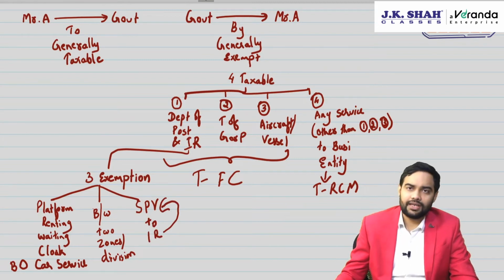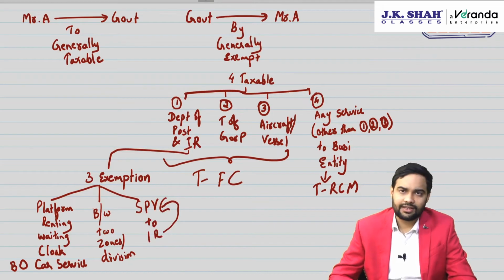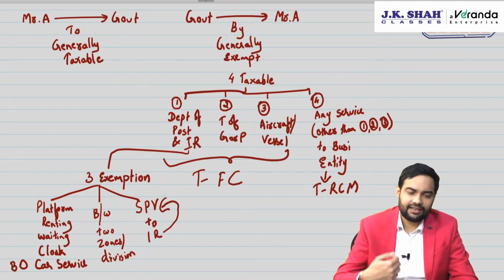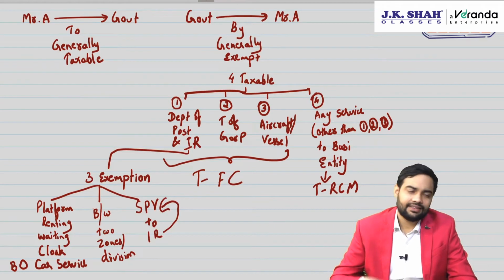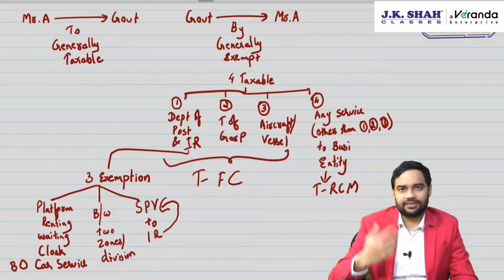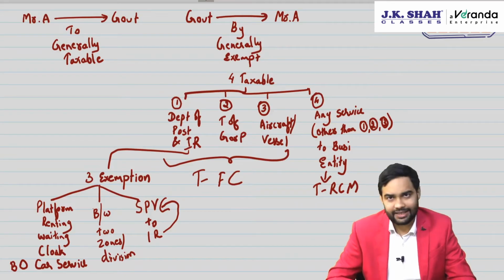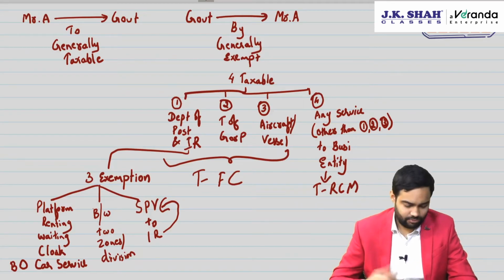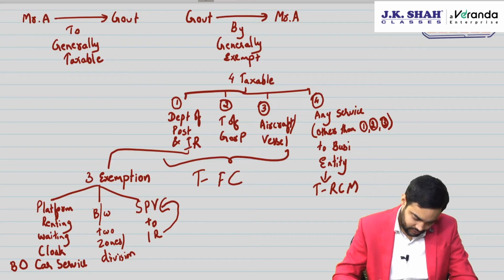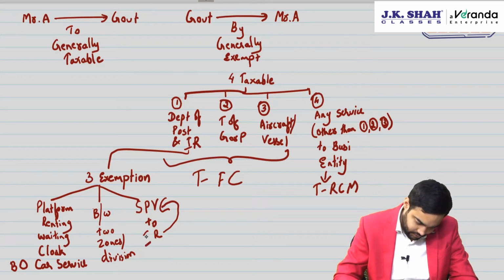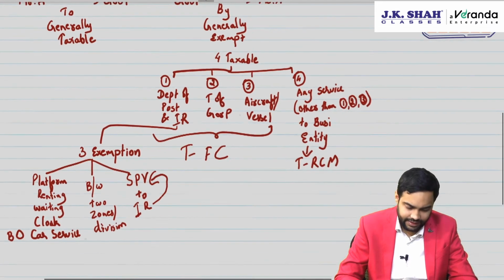They create separate infrastructure companies which will be laying down tracks, and then they will provide service of construction of that laying down of tracks, and Indian Railways is providing the service of maintenance of those tracks. So both will enjoy an exemption. So be careful about this entry.